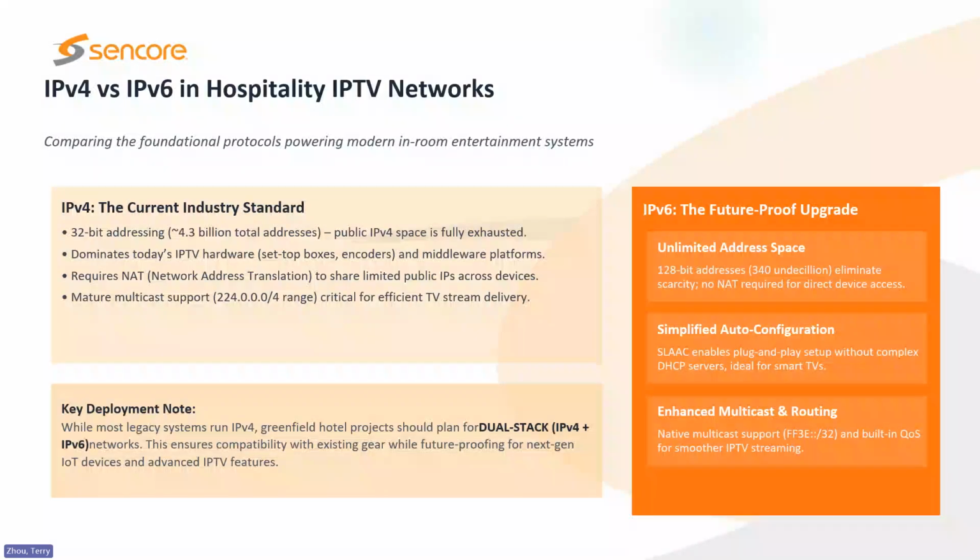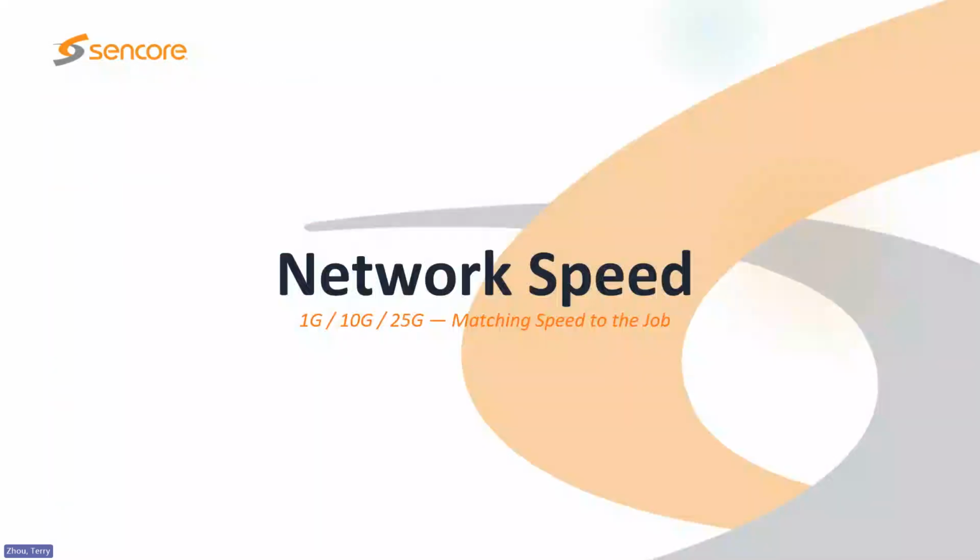The next one is network speed. From time to time, we encounter some issues or questions about network speed, right? When we design the IPTV system, when we design the network, we need to know the total bit rate of the content source.